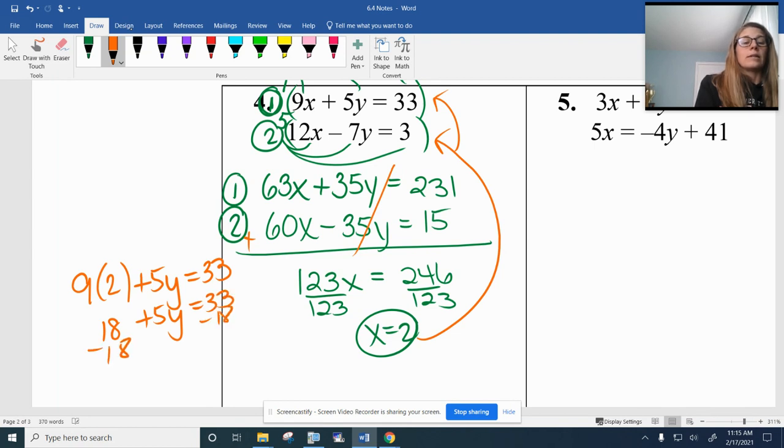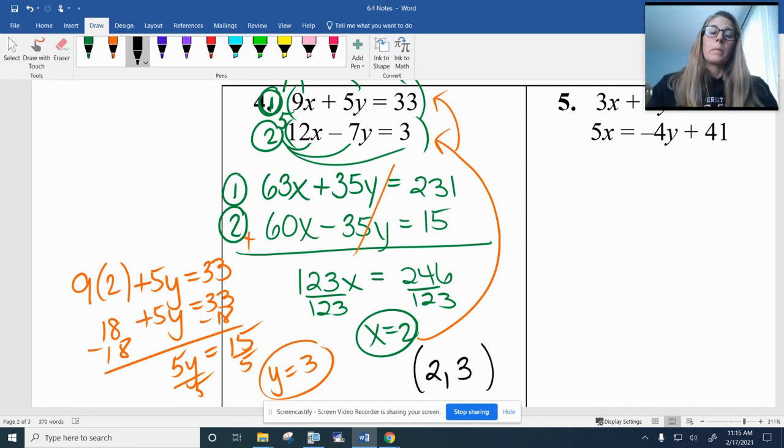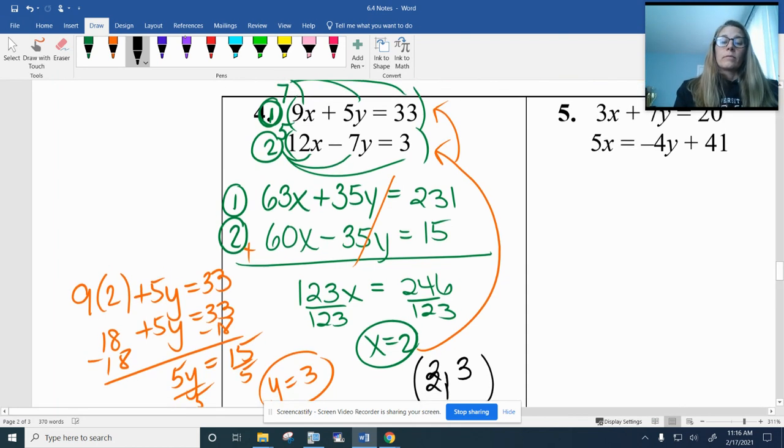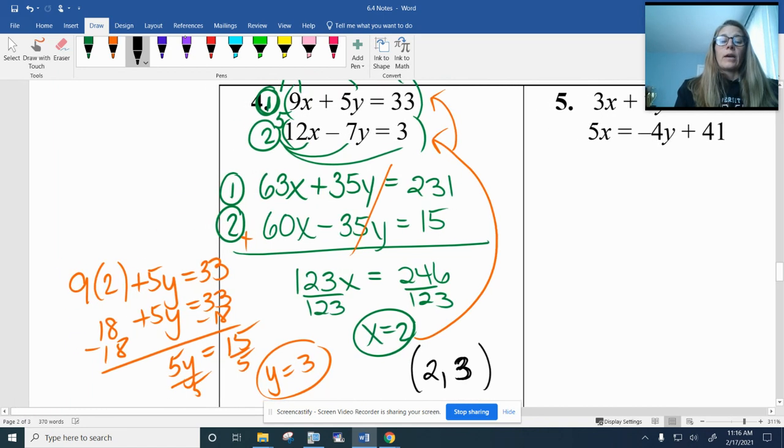Subtracting the 18, 5y equals, I believe that is 15. And then we end up with y equals 3. So our ordered pair solution is 2, 3. All right, let's take a look at number 5.